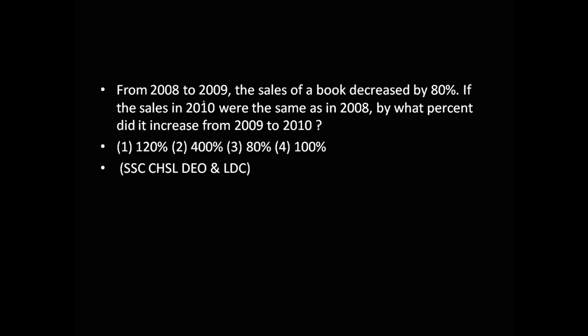Next: from 2008 to 2009, the sales of books decreased by 80%. If the sales in 2010 were the same as 2008, by what percent did it increase from 2009 to 2010? So according to the question, if we take books sold in 2008 as 100, then in 2009 it's 20, because it's a decrease of 80%, right?